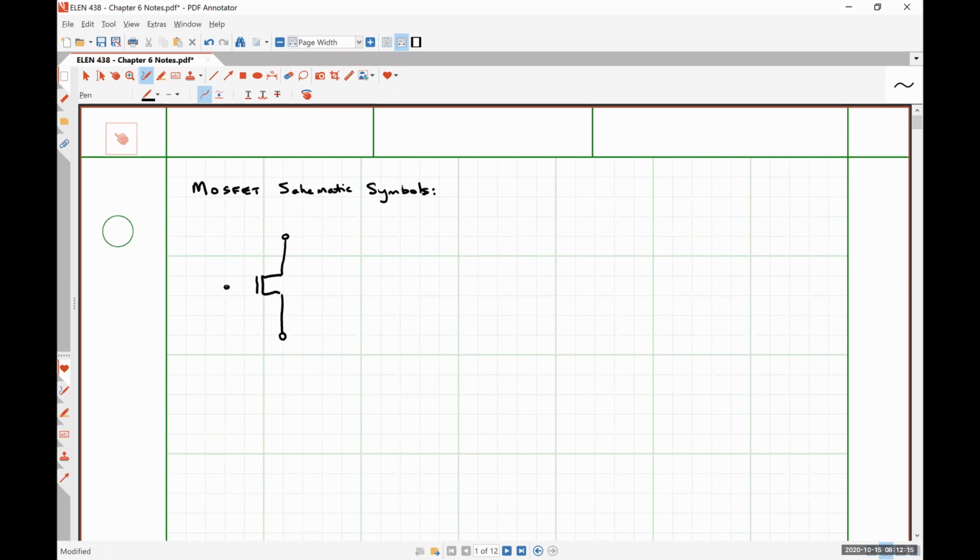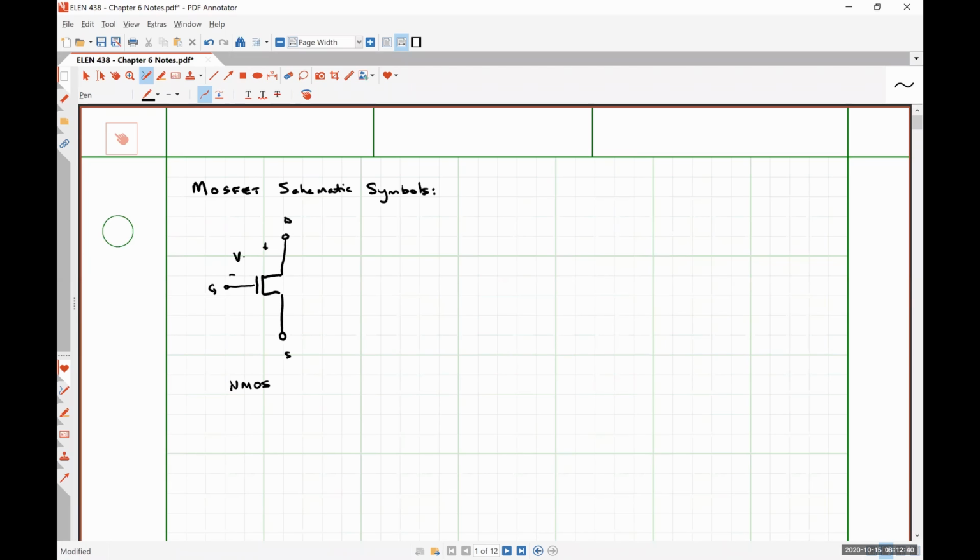Where this guy is an NMOS. Here's our drain, our gate, and our source. And so while we're at it, we can define some critical parameters.